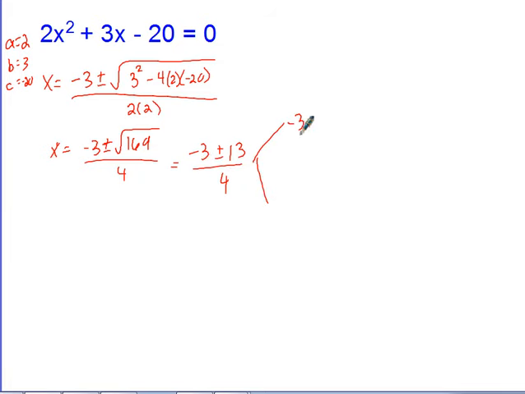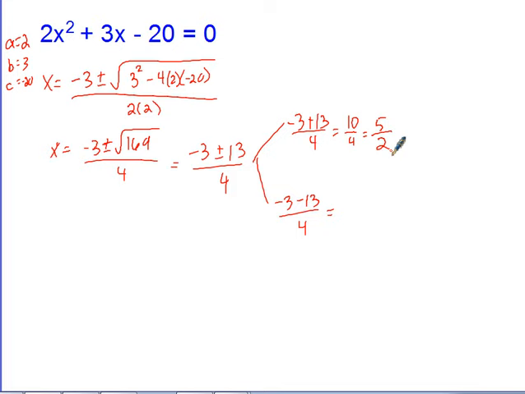Split it up. Negative 3 plus 13 over 4. Negative 3 minus 13 over 4. What's negative 3 plus 13? 10 over 4. So 5 over 2, very acceptable answer. You could give me a decimal, which would be what, 2.5?